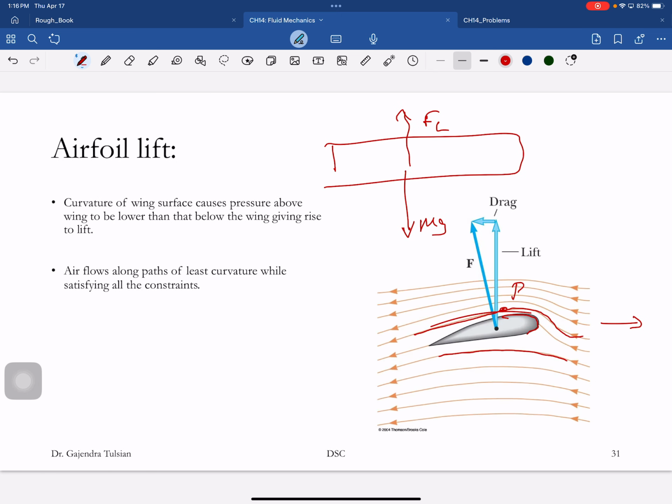This pressure is lower, this pressure is higher, and that's what provides the lift. So the faster a fluid is flowing, the lower the pressure.